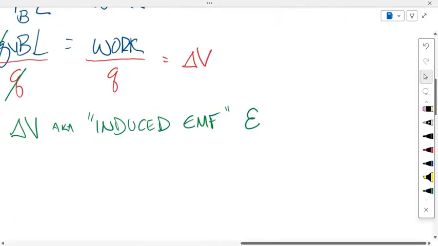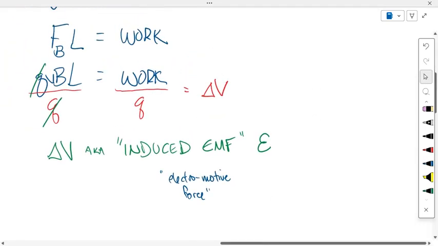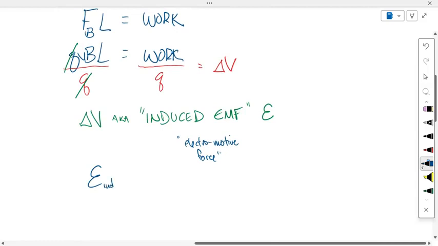EMF stands for electromotive force, except potential difference is not force. But potential difference seems like that which would push charges around, so I guess that's the origin of the nomenclature. But it's not a force. It's a potential difference. All right, so this induced EMF, which is this potential difference, is v B L.